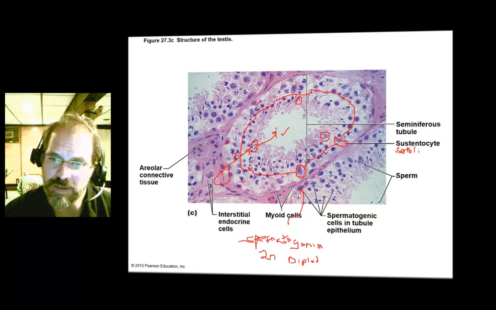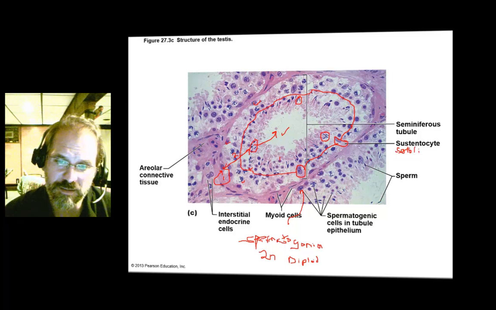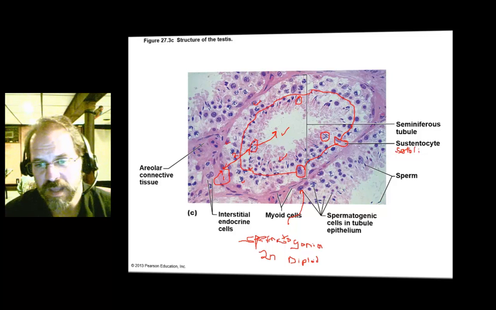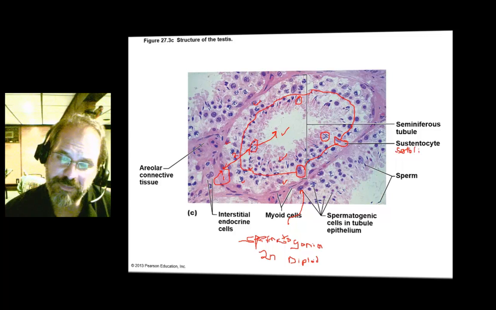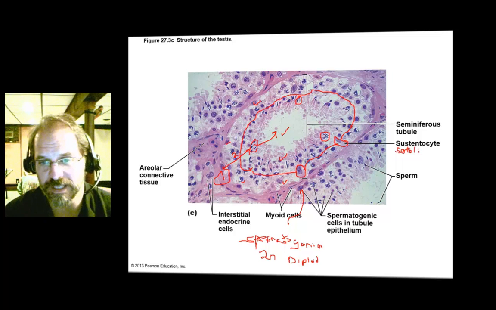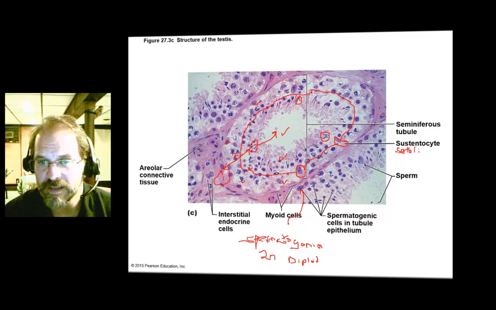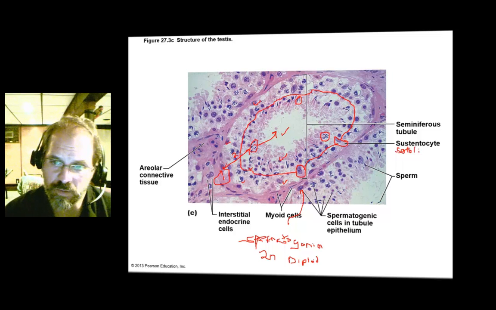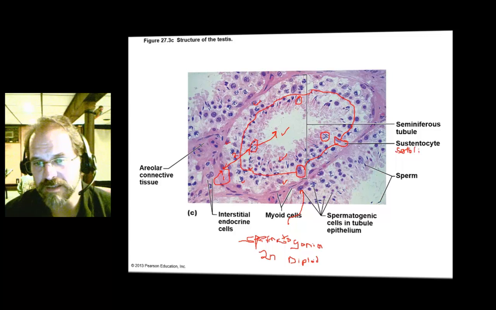So the blood-testis barrier produced by the Sertoli cells prevents antibodies from crossing through and attacking in what's called the adluminal compartment, as opposed to the basal compartment. It prevents antibodies from penetrating into the adluminal compartment and damaging the forming spermatids. So the nurse cells have two important roles: they produce the blood-testis barrier, and they prompt spermatogenesis.